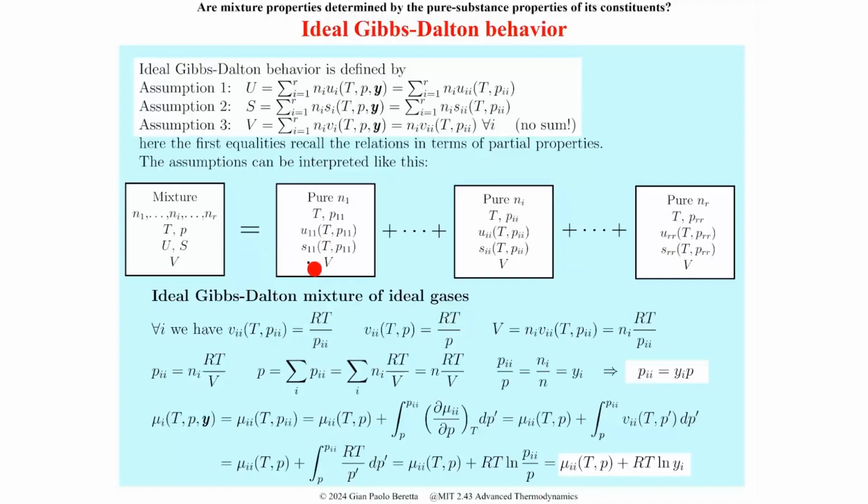And here I've used the fact that I could also write the specific volume of the constituent, the partial pressure, and the fact that in the same amount of the mixture it occupies the same volume of the mixture is the sort of interpretation of this formula here.